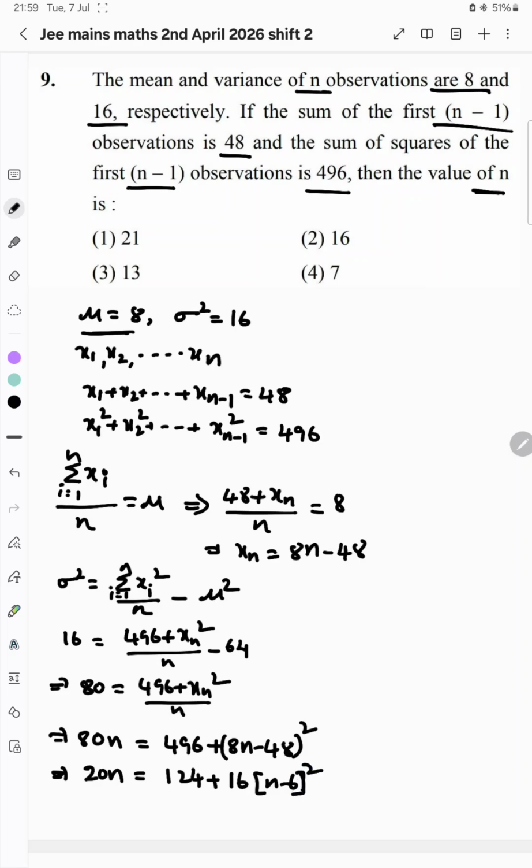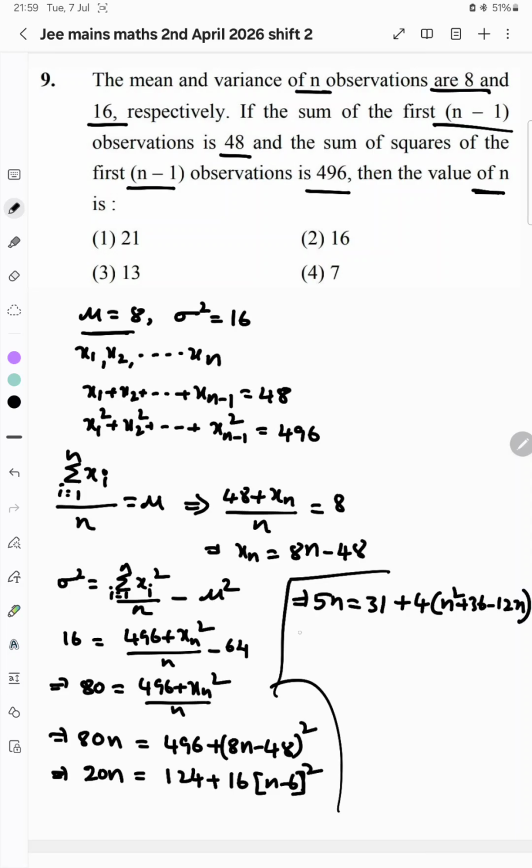Let's simplify further. 20n is there already. We can take 4 common one more time, so 5n on the left, and on the right 31 plus 4 times n minus 6 whole square. Let's expand: n square plus 36 minus 12n.